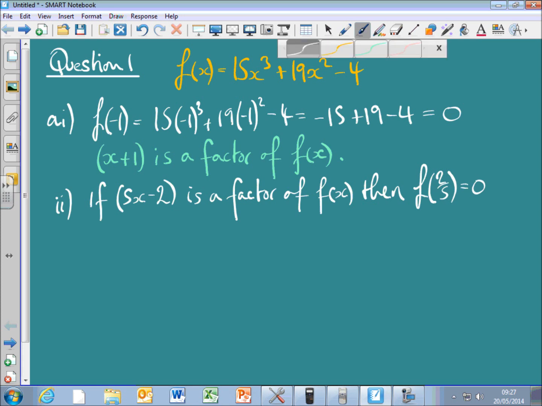Okay, so that's factor theorem again. So let's sub in 2 over 5 and hope we get 0, and if we do, then it's a factor.